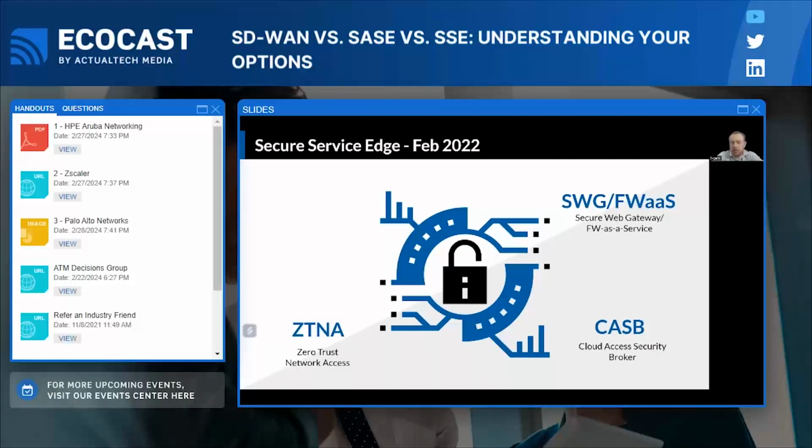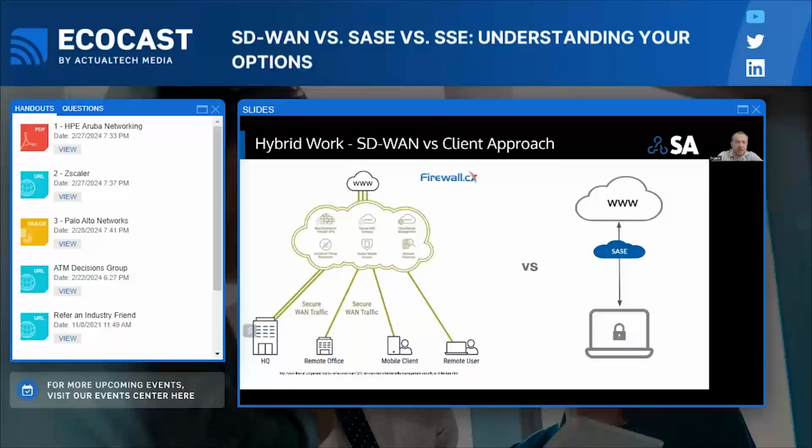You do see I removed the network part here, and I think it's important to explain that during the pandemic, we saw a big dip in SD-WAN and networks because we work from home. And when you ask how would you work with SASE and SSE, I'll probably tell you to use an agent because you're at home. But what's happening if you're in the office? And we see many people going back to offices right now.